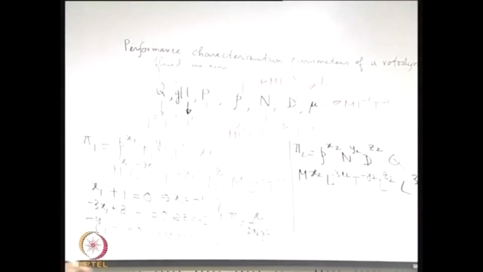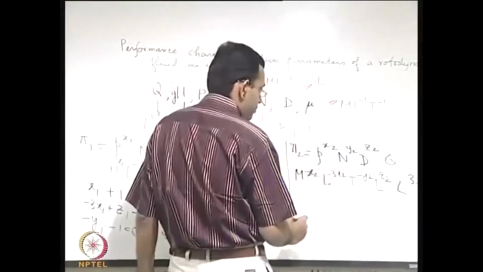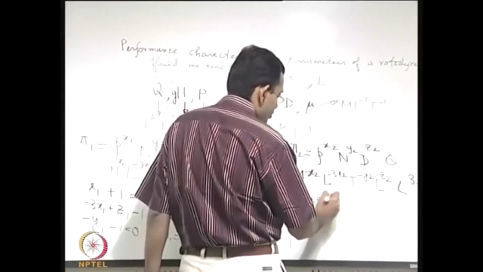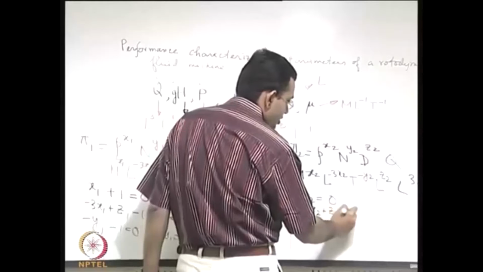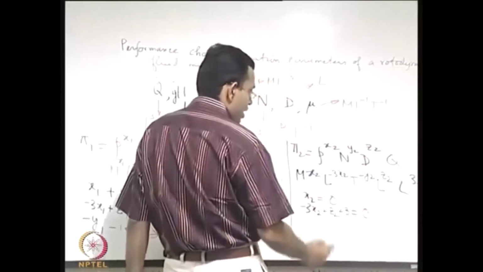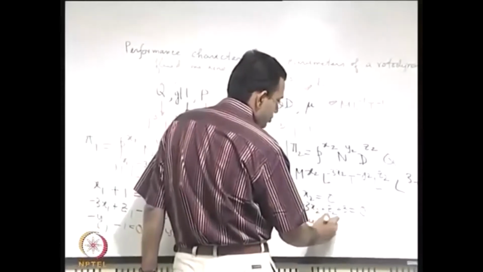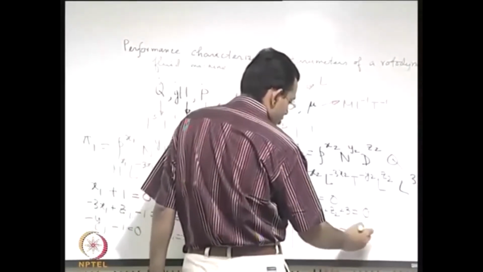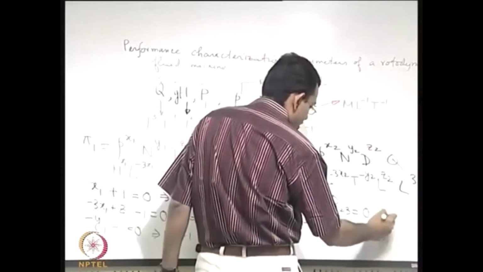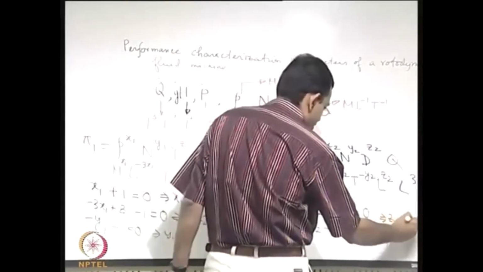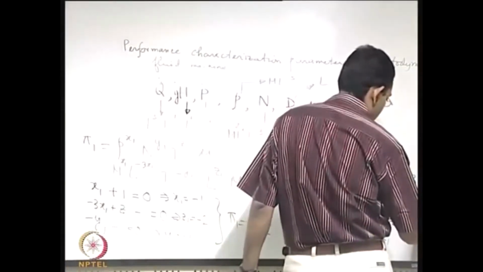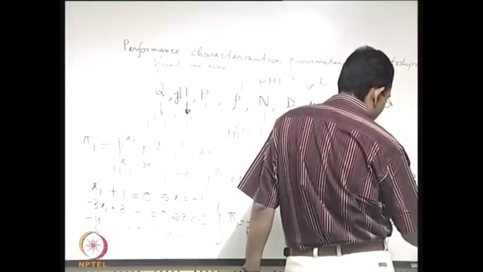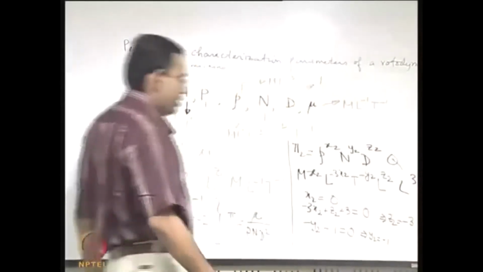So in terms of the dimensions you have first of all x 2 equal to 0, minus 3 x 2 plus z 2 plus 3 equal to 0, and minus y 2 minus 1 equal to 0. So y 2 is equal to minus 1 and z 2 is minus 3, right. So what is pi 2? Q by n d cube, right.